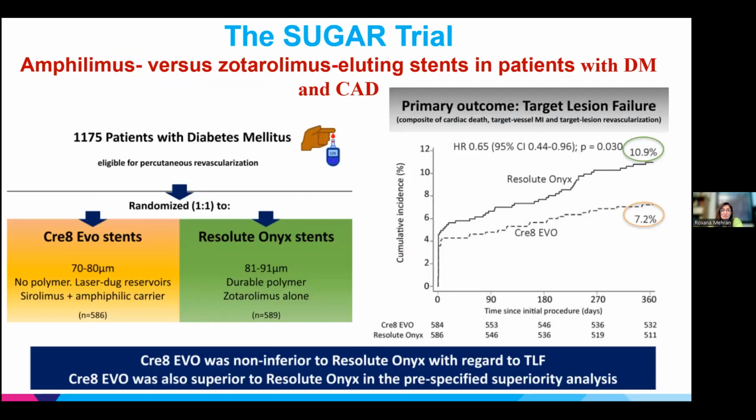And in fact, in their SUGAR trial, they showed against the zotarolimus-eluting stent a superiority for target lesion failure, mostly driven by target lesion revascularization being lower in Create versus Resolute.